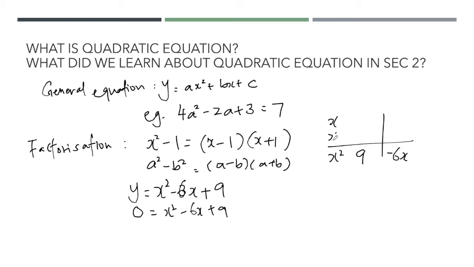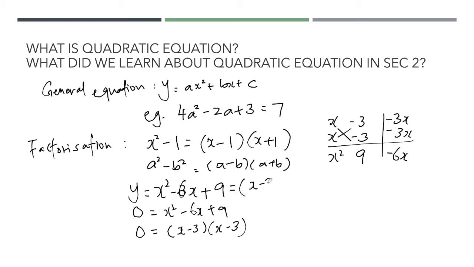When you factorize, you will get 0 equals x minus 3, x minus 3. In the factorized form, you will just stop here. Up until this step is what we call factorization.